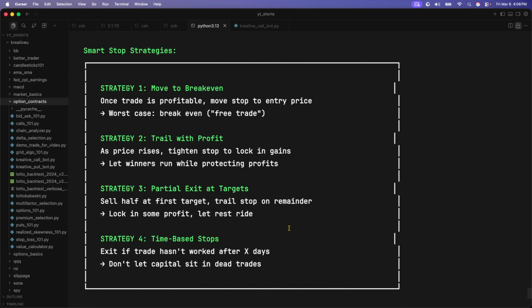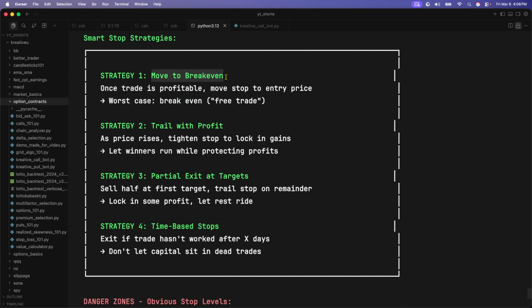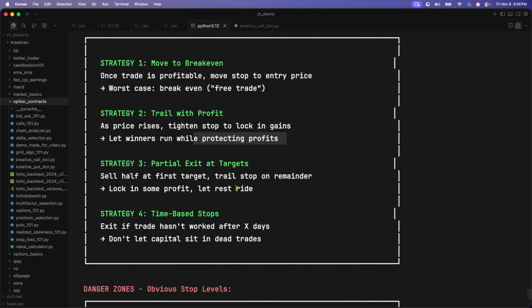A smart stop strategy: strategy one is move to break even. Once the trade is profitable, move the stop to the entry price. The worst case scenario is break even, a free trade. Strategy two is trail the profit. As the price rises, tighten the stop to lock in the gains. Let winners run while protecting profits. Strategy three is partial exits on targets.